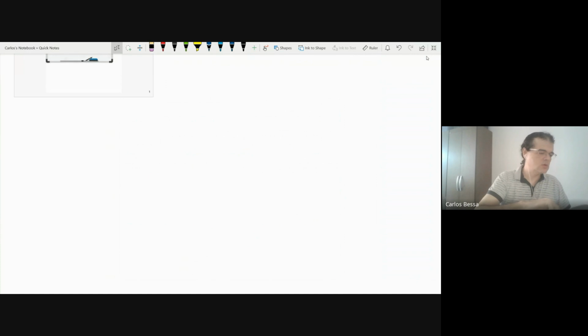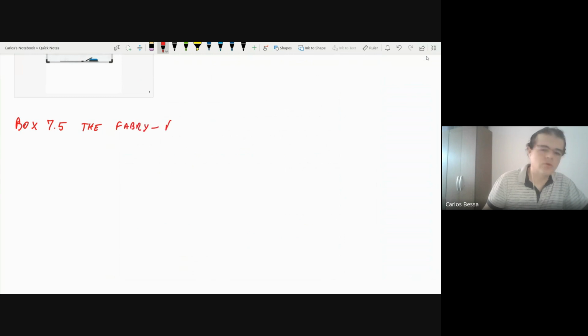Okay, so today we talk about box 7.5, the Fabry-Perot cavity.